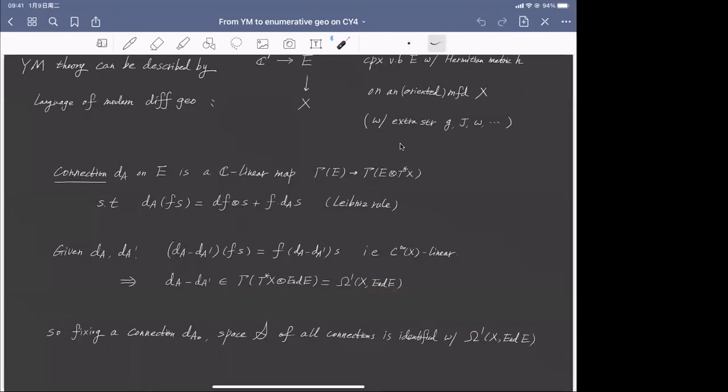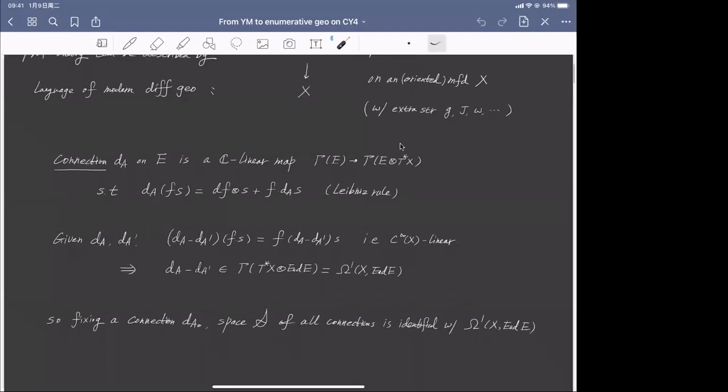This means that if we fix some base connection dA0, there's no canonical choice, but let's fix one, then the space of all connections, which we denote by A, is identified with the space of all bundle-valued differential forms. These are very well understood objects, so you don't need to be afraid of connections if you don't know this concept before.